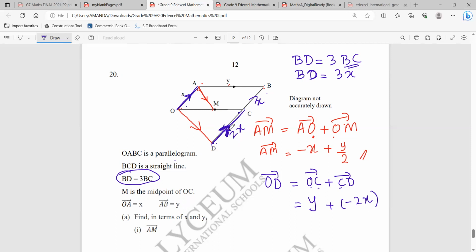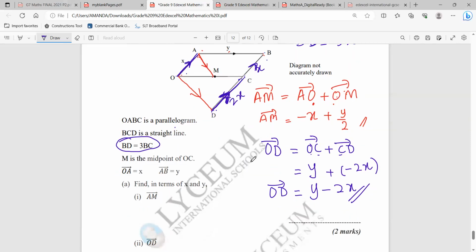All these are positive in this direction. So CD is minus 2x. So this is y minus 2x. So OD is y minus 2x. Done. So AM and OD are done.